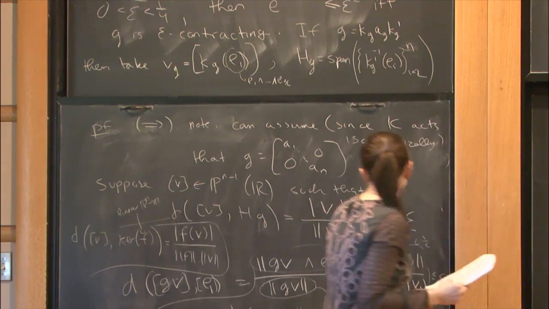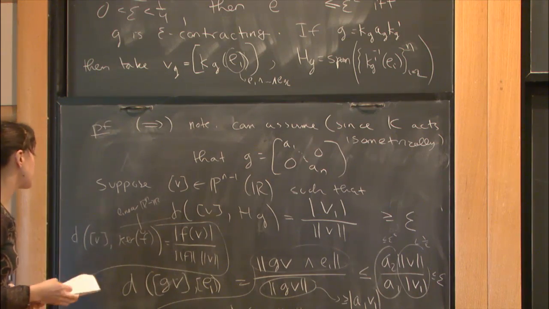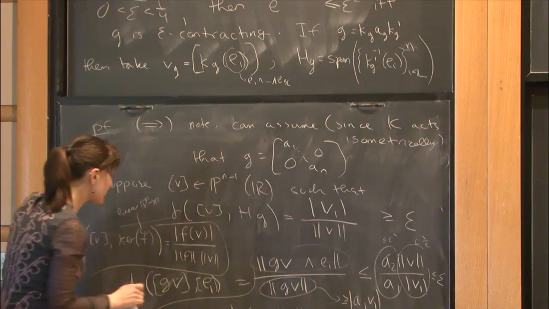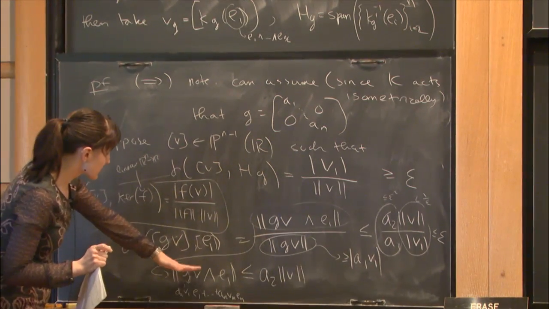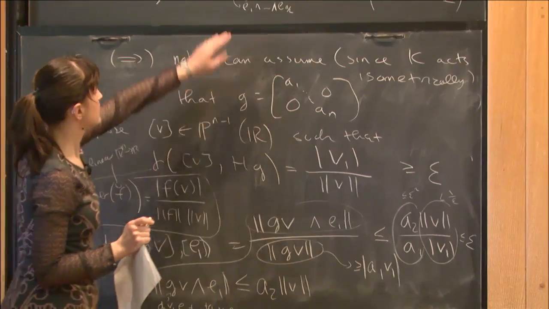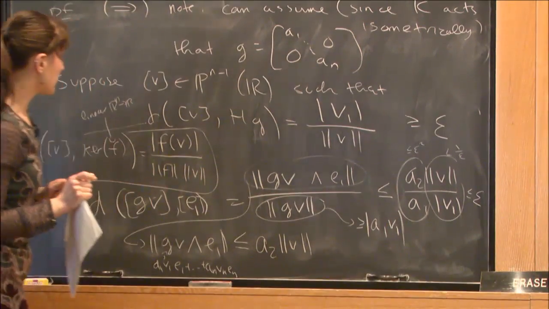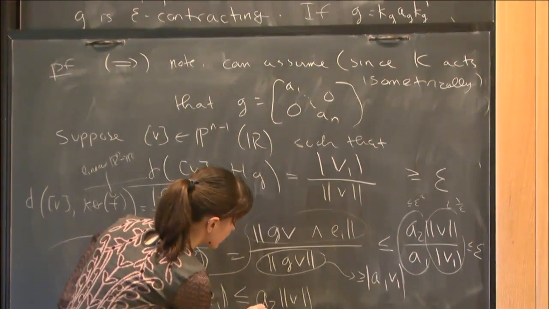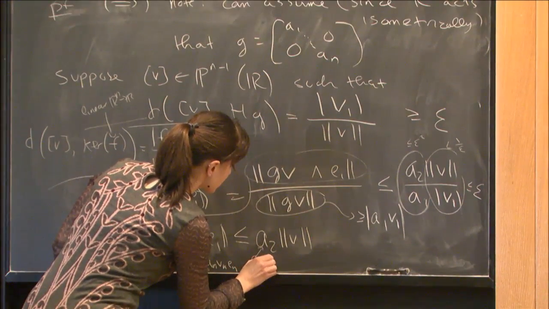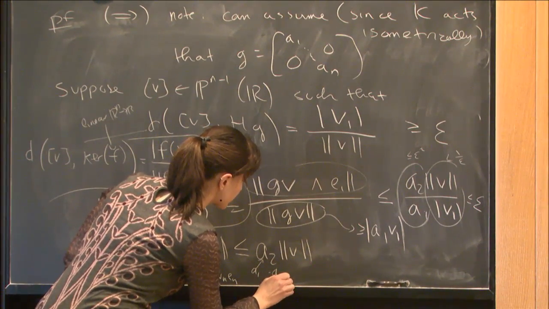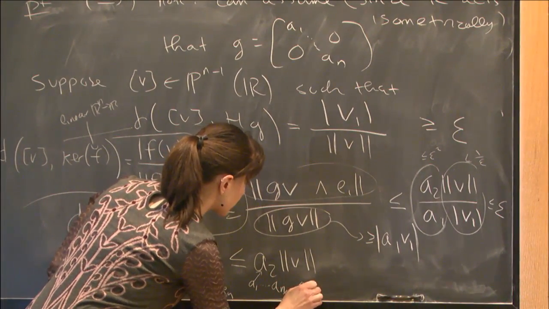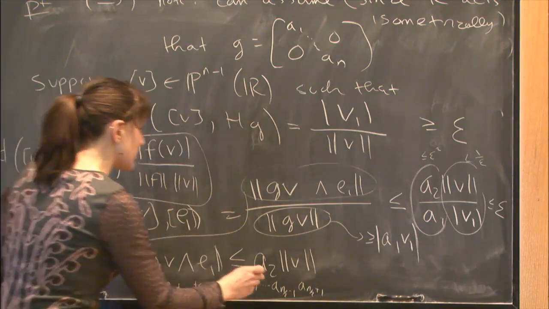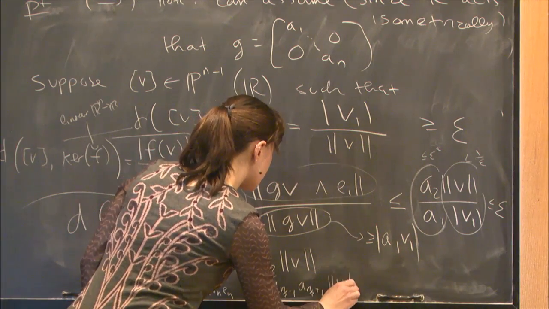Then what will happen in this proof is that everything will basically stay the same, and once you get down here, if you look at gv wedge this first elementary basis vector, instead of a_2 you're going to get that this is at most a_1 times so on times a_{n/2-1} times a_{n/2+1}, times the norm of v.